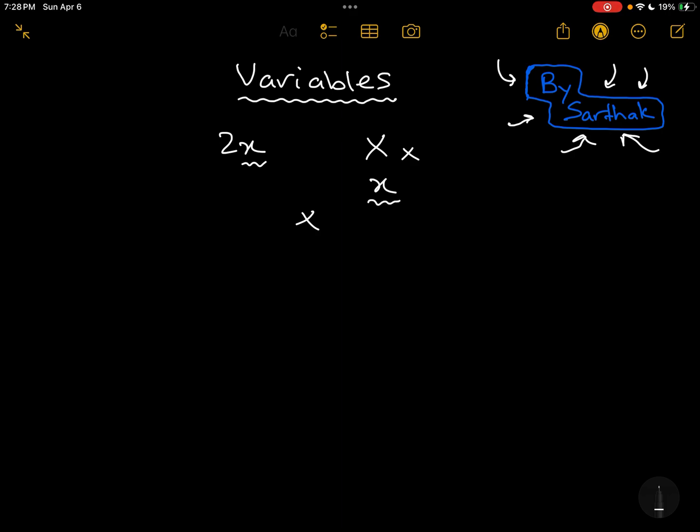Now, what's a variable? It's kind of in the name. If you know the meaning of the word vary, it means that it can change. So just take a look at this. Let's say I have this equation: 2x plus 5 equals, say, 9. In this case, if you try different values for x, you can see that x is equal to 2.